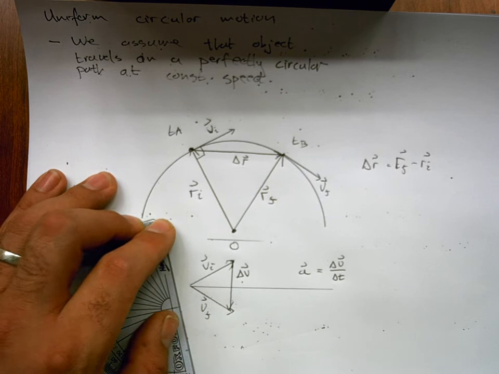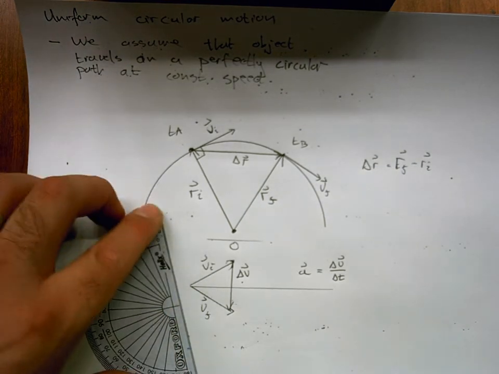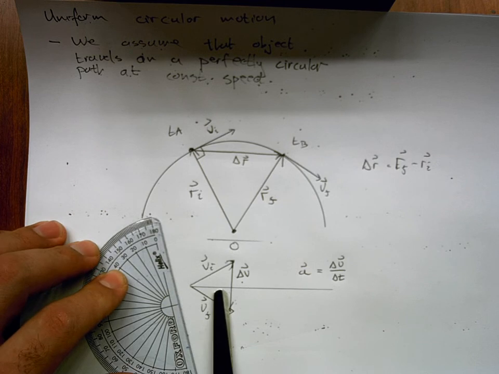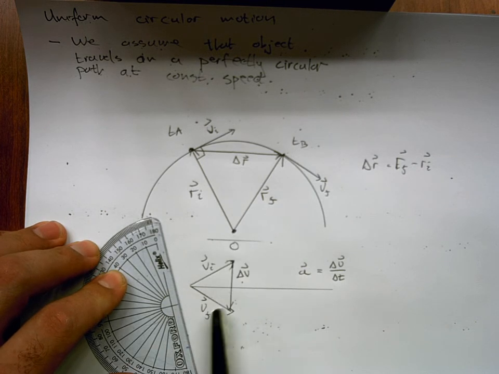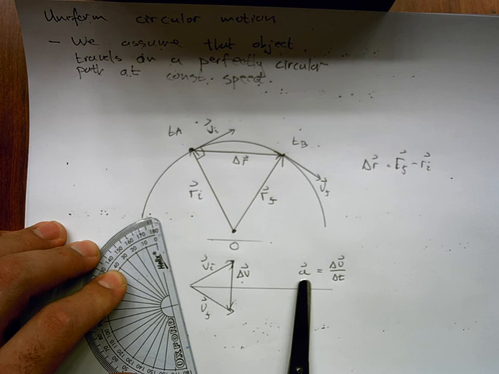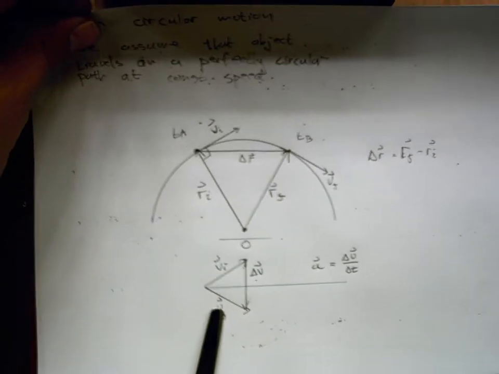And what I want to conclude with, so I know we're running out of time, is I want to show you that one can use this triangle and that triangle to actually figure out what the acceleration is in terms of the speed and the radius of the path. So what I'm going to do is I'm going to cut out this triangle physically, with my scissors.